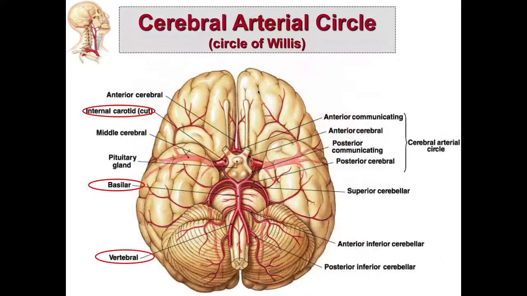From this perspective, when we're looking up at the brain, we can see how it tucks in there and is able to supply some of the arterial system. The basilar artery and the vertebral artery are shown here. Here's that vertebral artery that snaked up from the brachiocephalic trunk in the previous slide, and now it's coming up and feeding into the basilar artery and then into this central arterial circle.